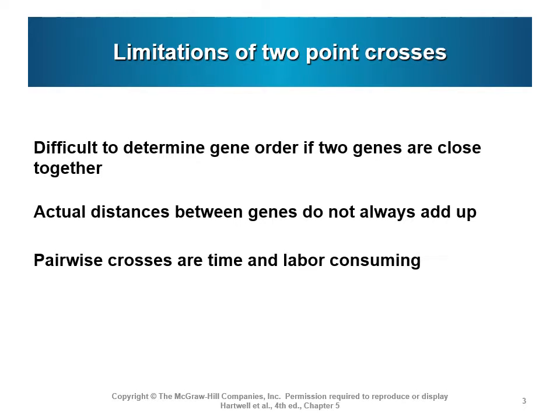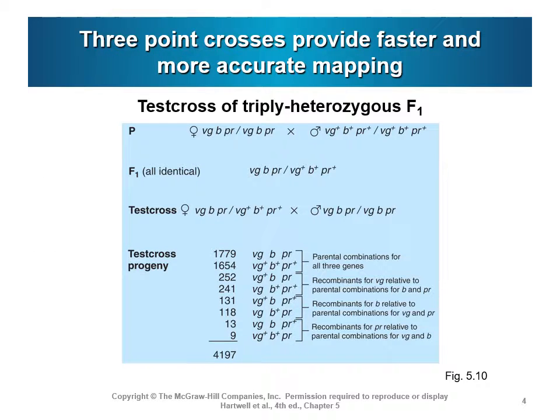Also, as we will observe in our next slide with an example, pairwise crosses are very time consuming and very labor consuming processes. So now let's talk about three-point crosses, which provide faster and more accurate mapping.